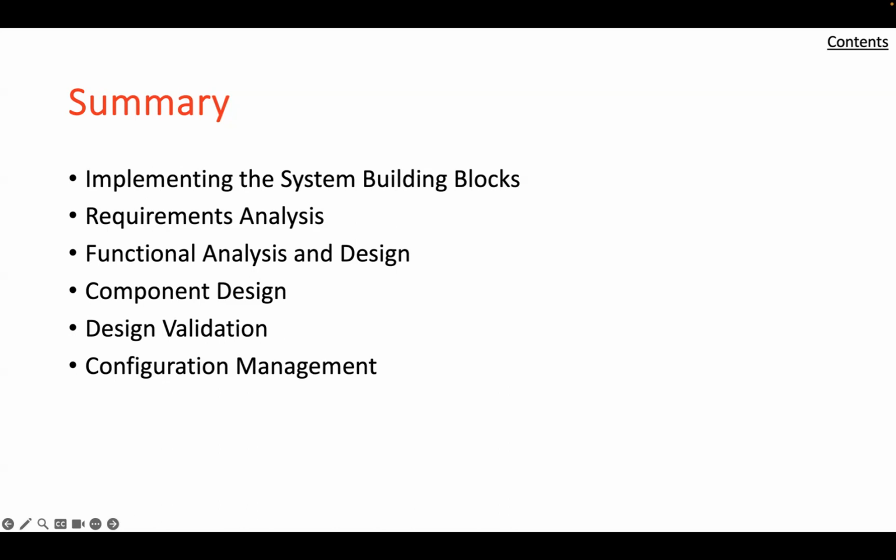Activities constituting engineering design are requirements analysis, identifying all interfaces and interactions; functional analysis and design, focusing on modular configuration; component design, designing and prototyping all components; and design validation, testing and evaluating system components.